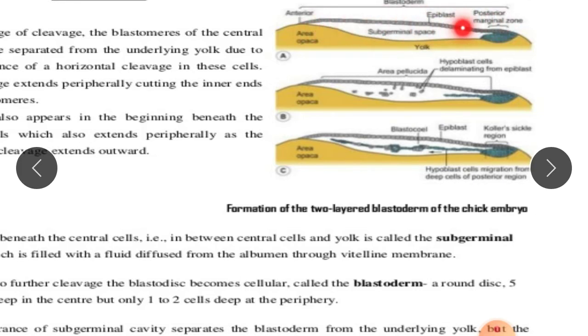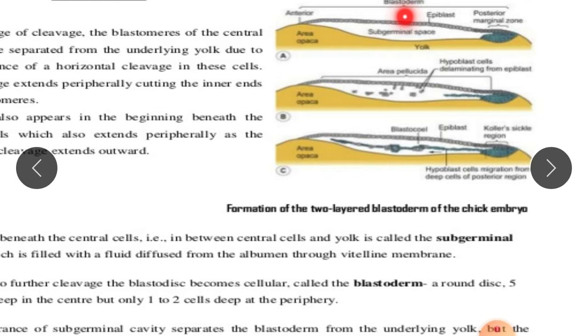Blastomeres of the central region, the central circular area. This layer is separated from the underlying yolk by the horizontal cleavage. As a result, this layer is separated from the underlying yolk. This is called the blastoderm, or the epiblast.